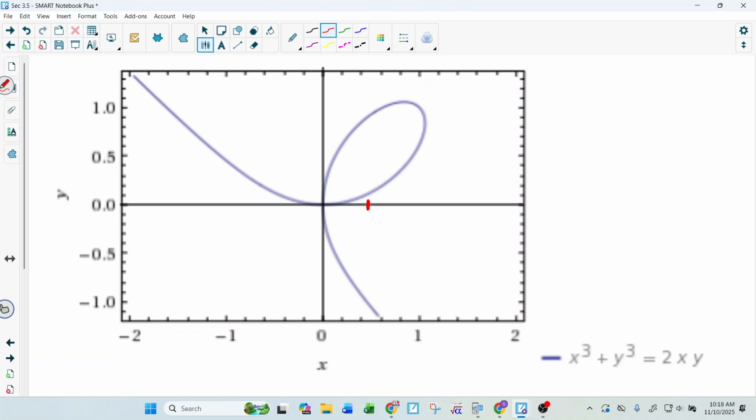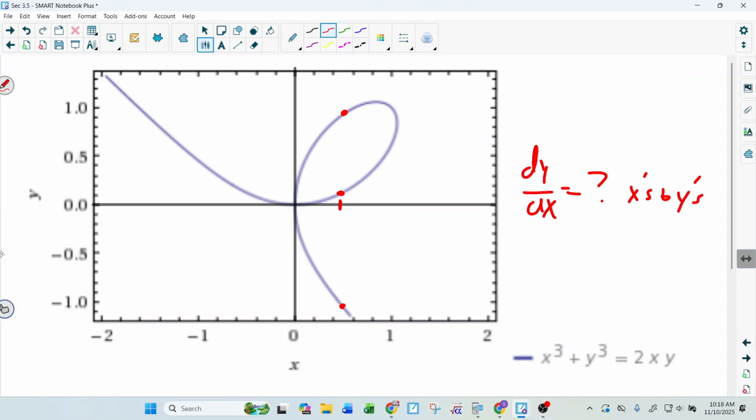Before, everything we've looked at is functions, so your derivative had an x in it. Now, you're going to get a different answer here, a different answer here, and a different answer there for what the slope of the tangent is. So when we end up with our dy/dx, whatever we end up with is going to have x's and y's in it.